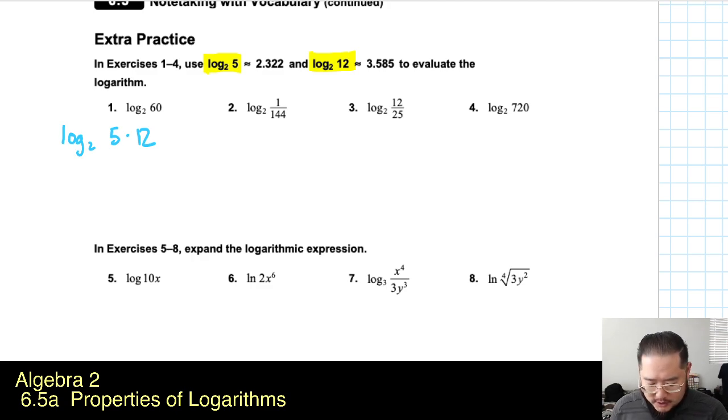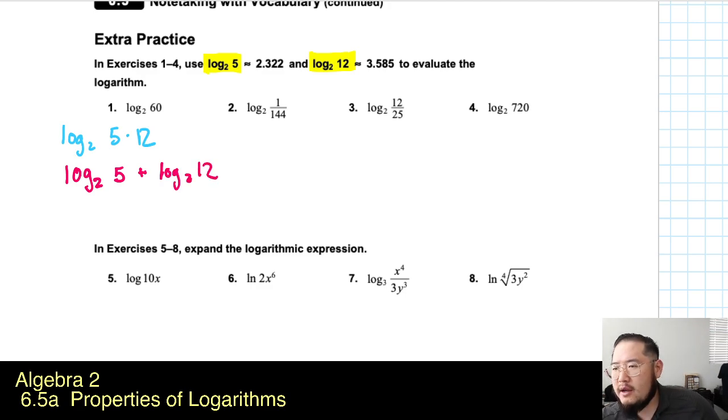So let's go ahead. If we use our product property, when we're multiplying, it's the same as adding things up. So I'm going to put this as log base 2 of 5 plus log base 2 of 12 by using the product property of logarithms. And now that I have that, it looks exactly like the top of the question, and I will go ahead and substitute things out.